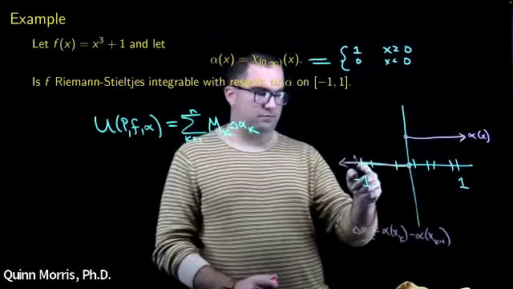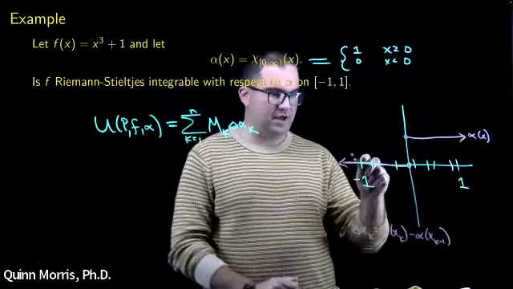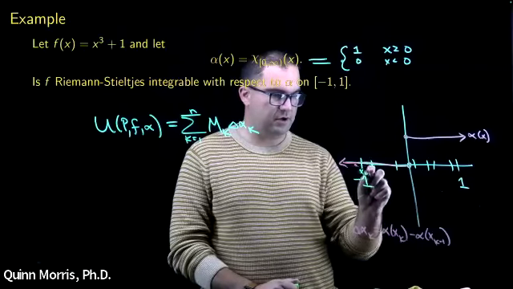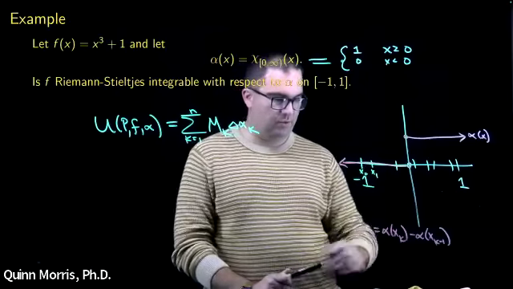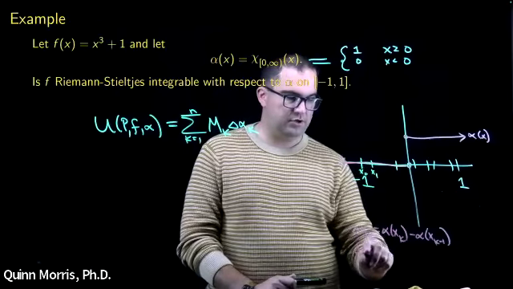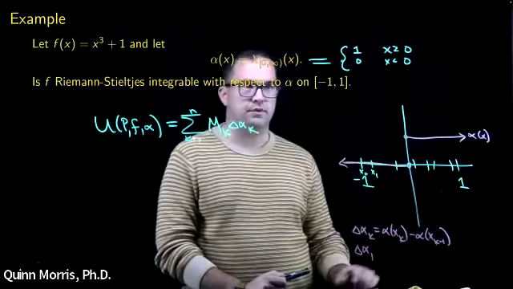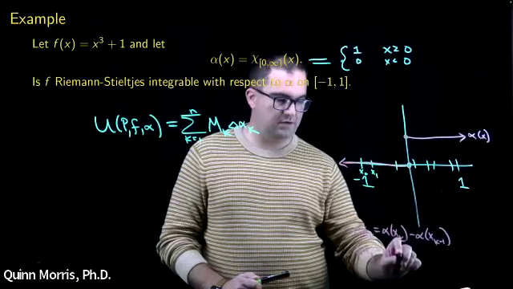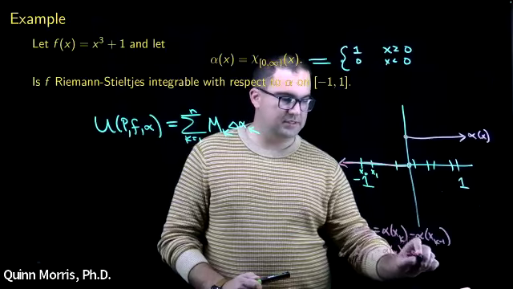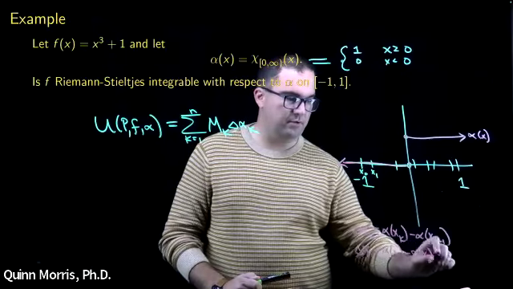So let's think about, right here, this first value in my partition, this is x0, this is x1. And so let's think about what is delta alpha 1. Well, delta alpha 1, by definition, is alpha of x sub 1 minus alpha of x sub 0.